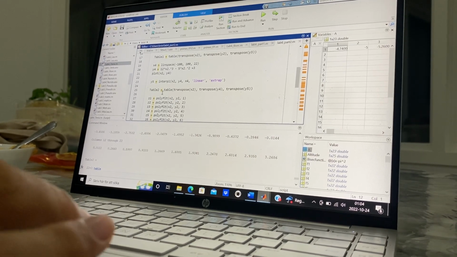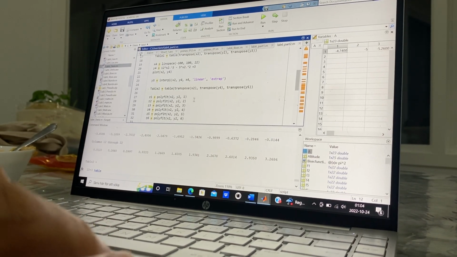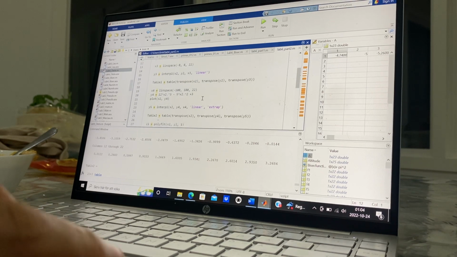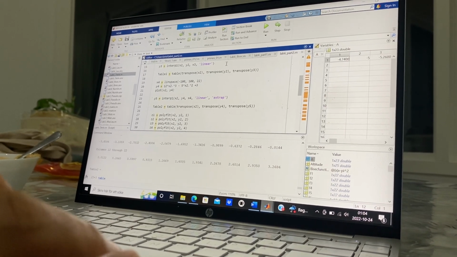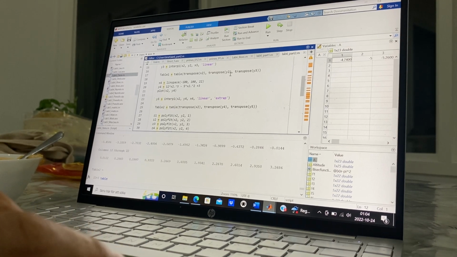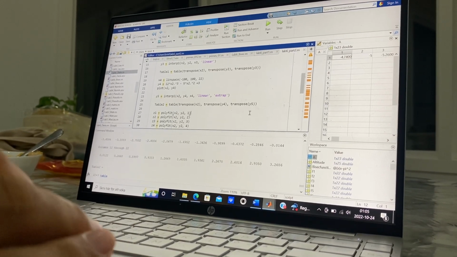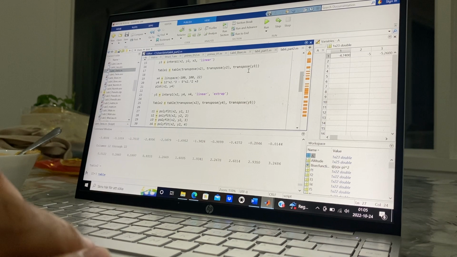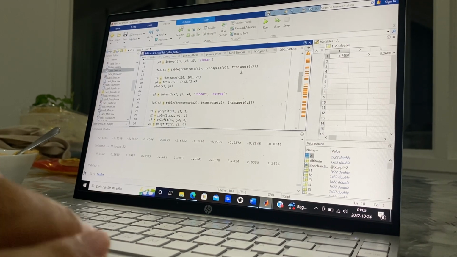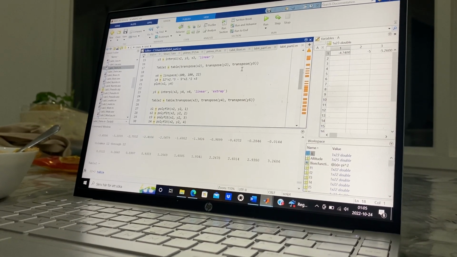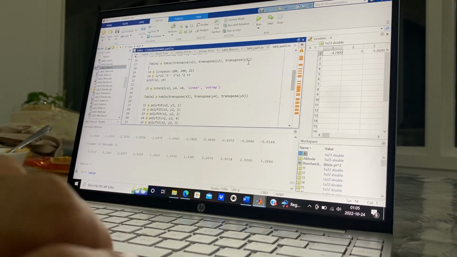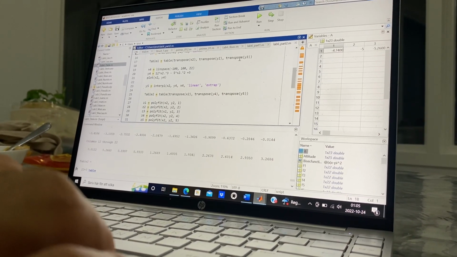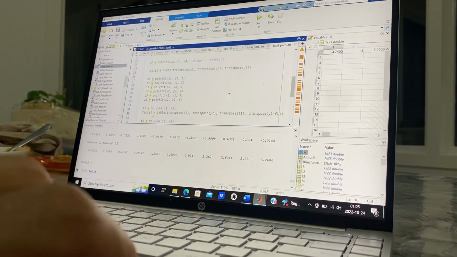And the table 2, I transposed exactly the same, but here y4 is the same as y2, because we have x2 in both of them as the x values of the function, and then here I transpose y3 and here transpose y5.